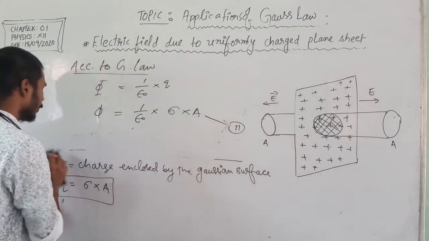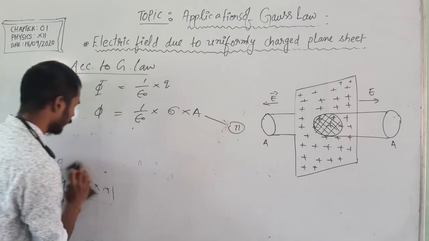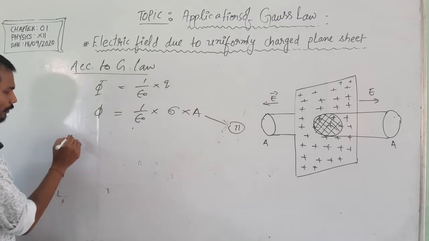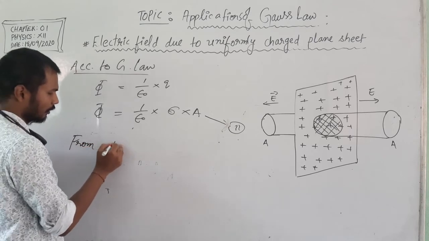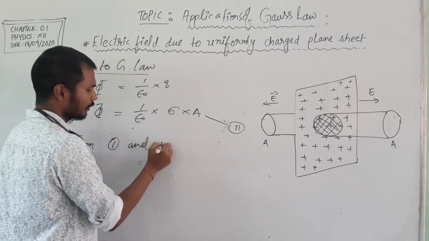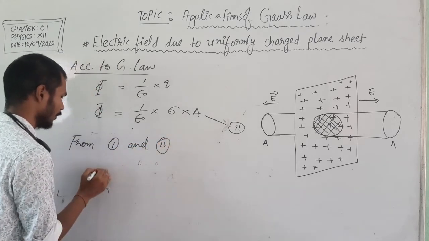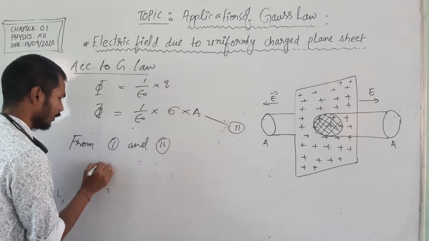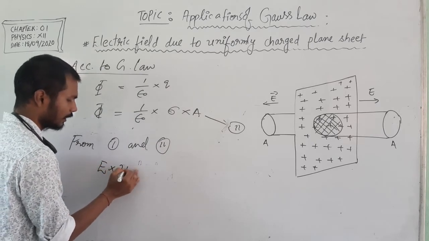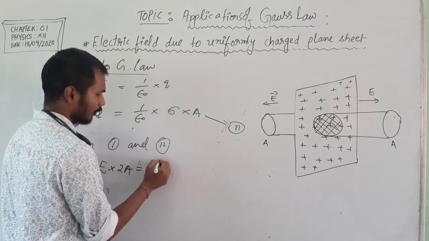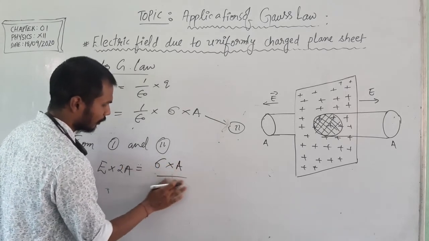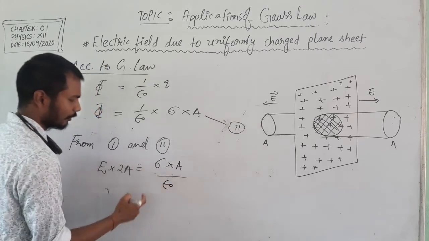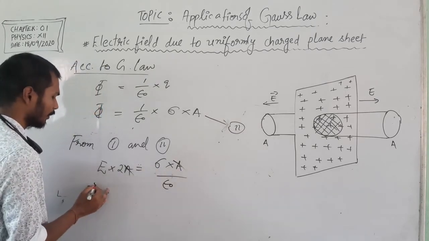Now from equations 1 and 2 we have E into 2A is equal to sigma into A by epsilon naught. A cancels out. What is remaining?